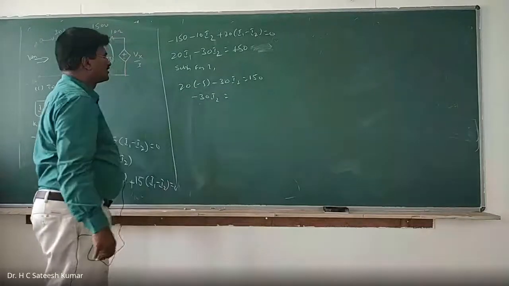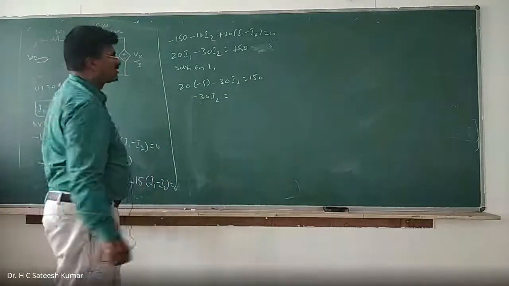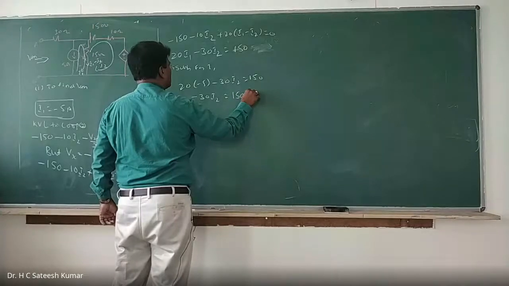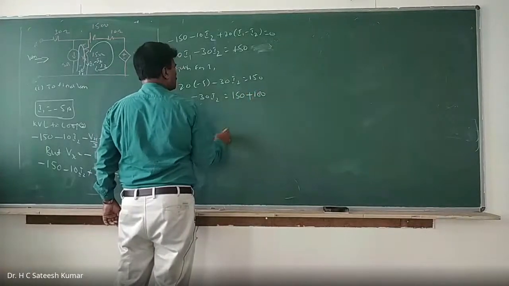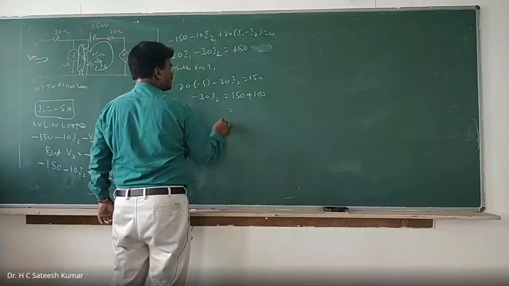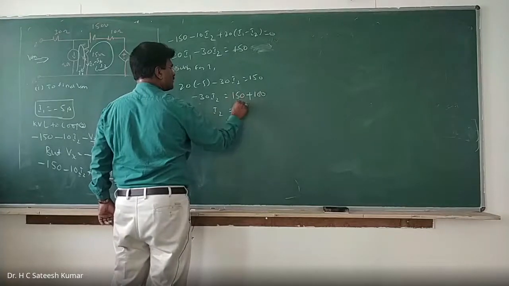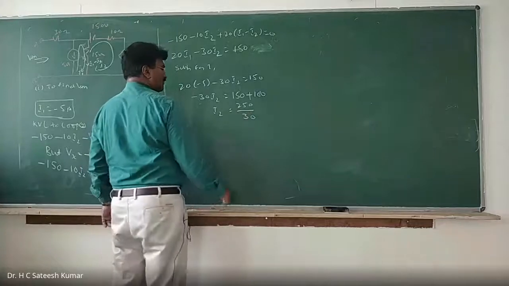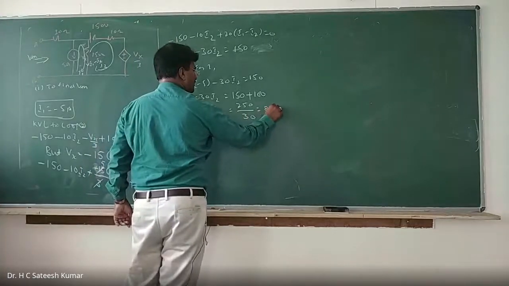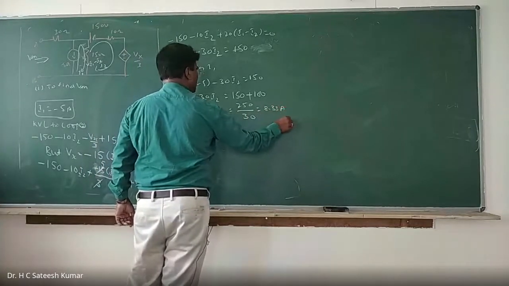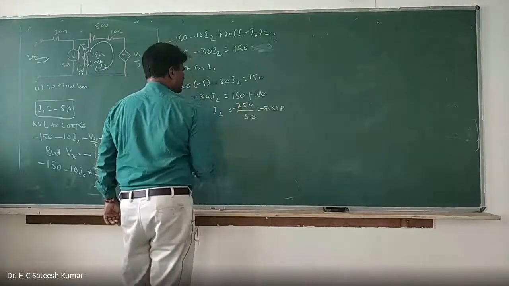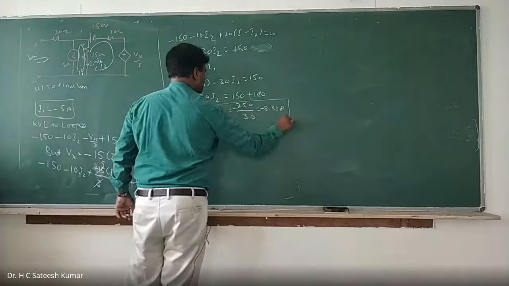Transfer to the right-hand side: 150 plus 100, 250 divided by 30. I2 is equal to minus 8.33 amps. That is your I2.